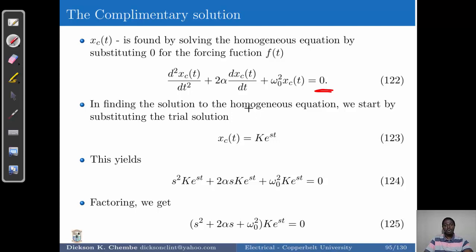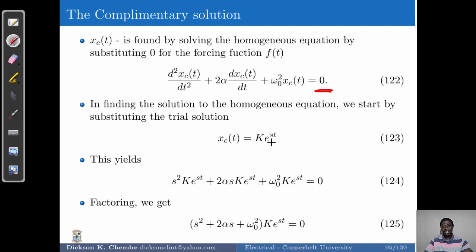And therefore, by taking an estimation, or what we call a trial solution, in this case xc(t), which is the homogeneous solution here, we estimate it to be equal to k e^(st).